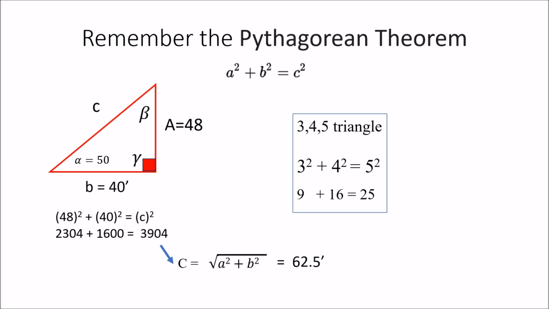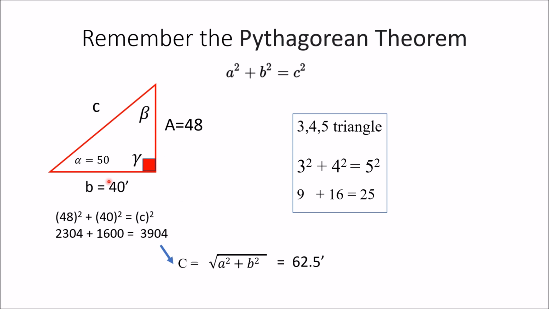So just one other thing to remember, again, the Pythagorean theorem. There's something very common in right angle triangles. It's called the 3-4-5 triangle. That means if one side is 3 and the other side is 4, the hypotenuse, or C, is always 5. And that's from this formula here: 3 squared plus 4 squared equals 5 squared, or 9 plus 16 equals 25.